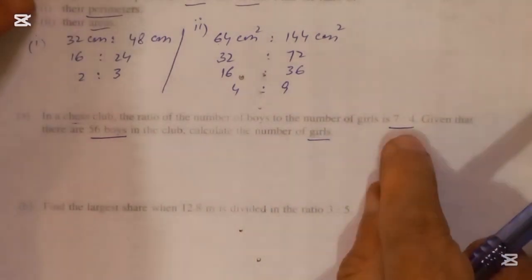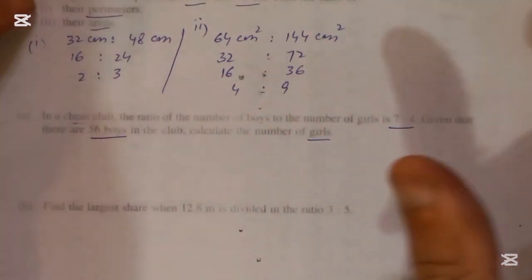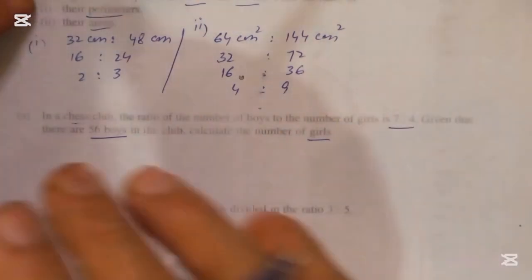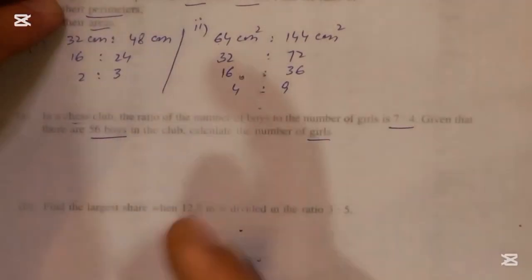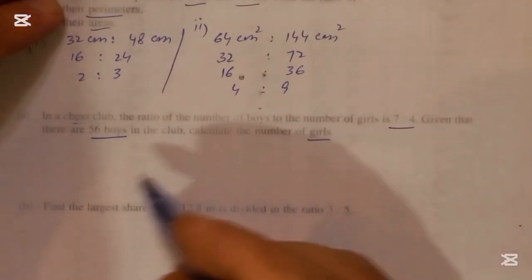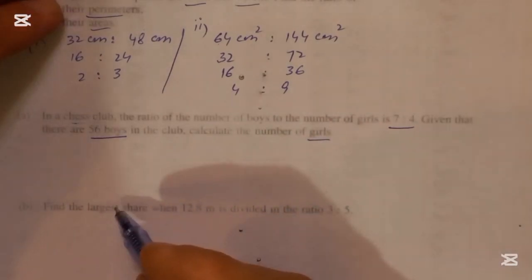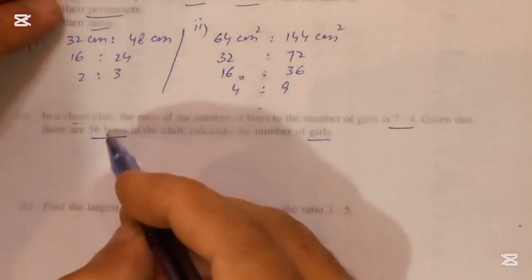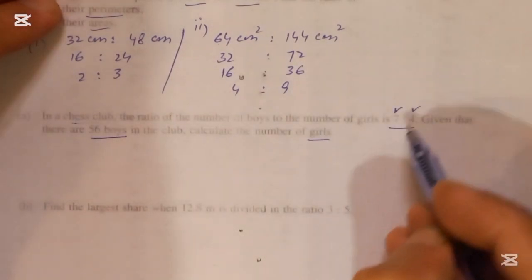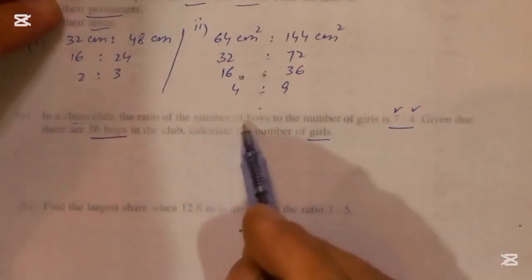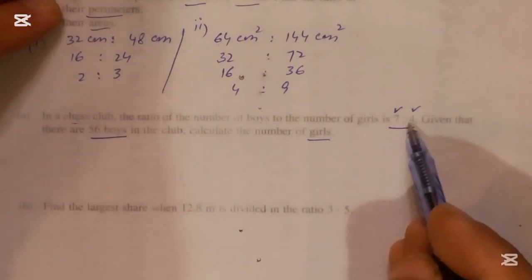If the ratio is given and the total number is involved, and the individual proportions, that is boys and girls, are involved, the method for this kind of question is as follows. Boys are given, the boys ratio is this one and the girls ratio is this one, because it is given the ratio of the number of boys to the number of girls.